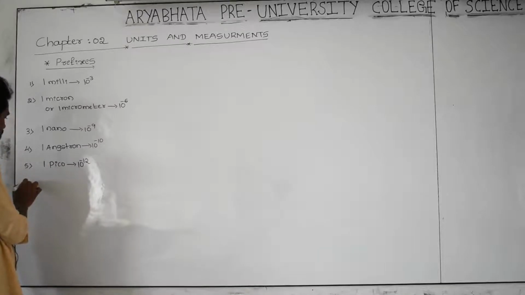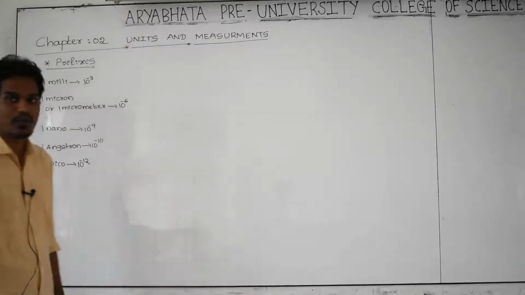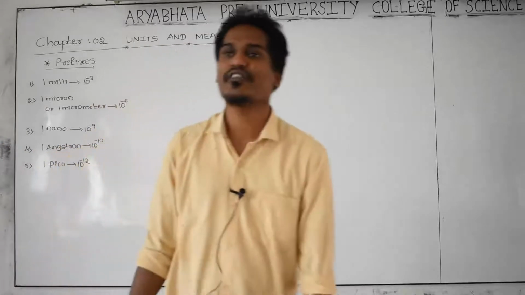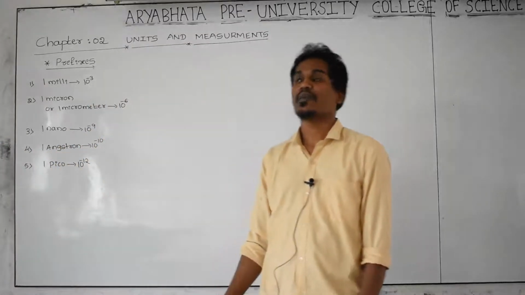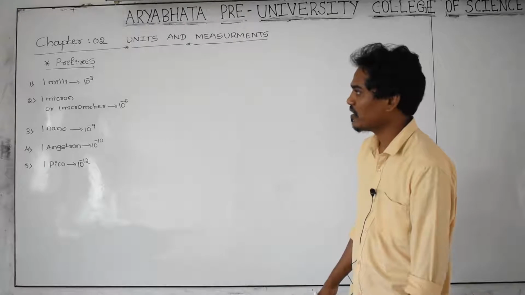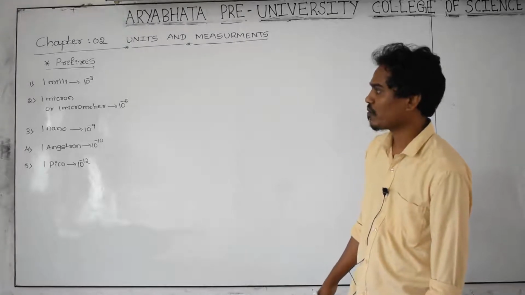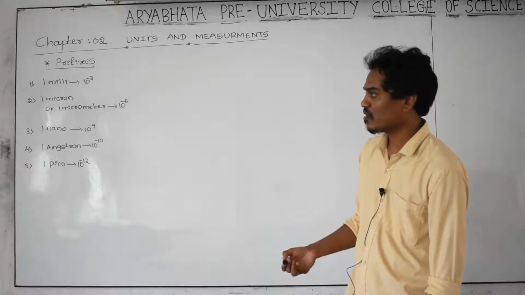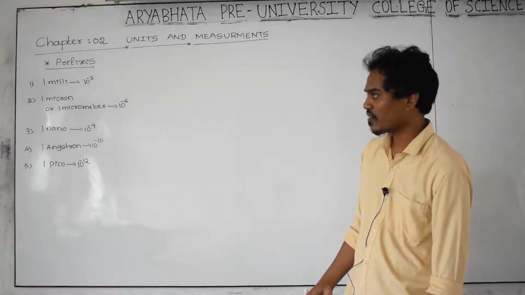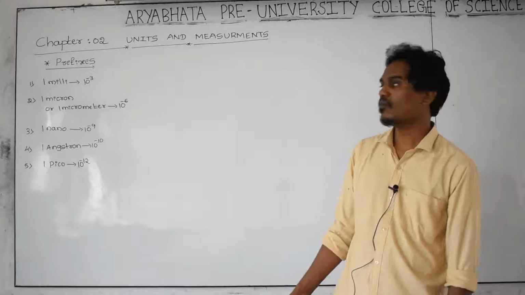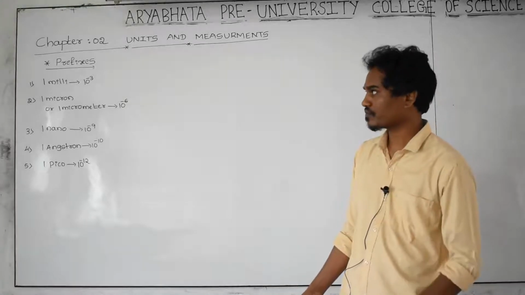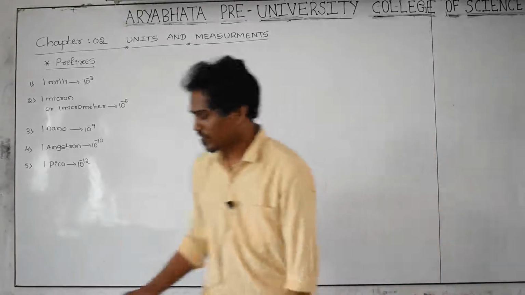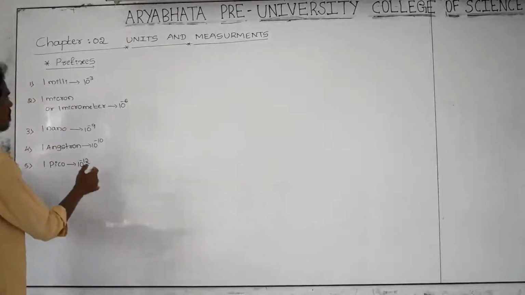These are important prefixes we use in the measurement of distances. Milli means minus 3, micron means 10 to the power of minus 6, nano means minus 9, angstrom means minus 10, pico means minus 12. Just remember this.